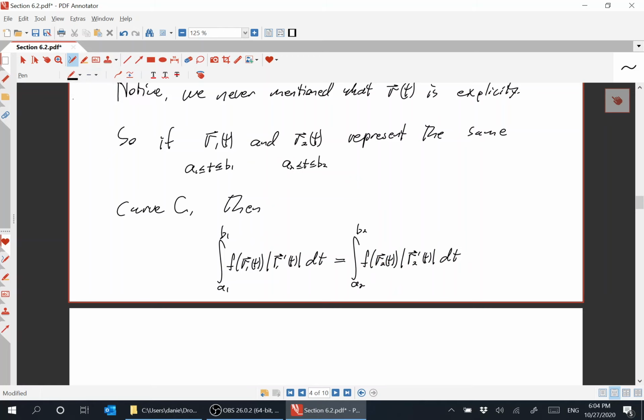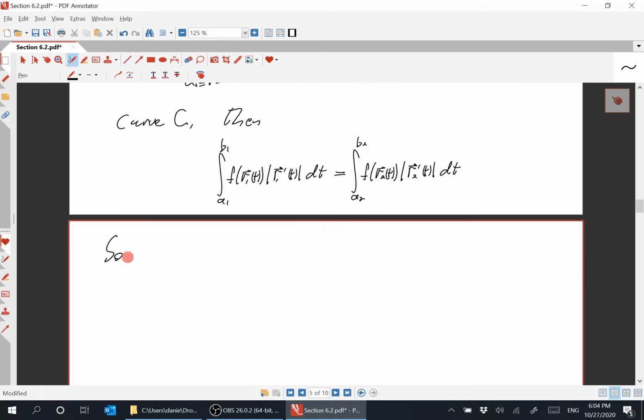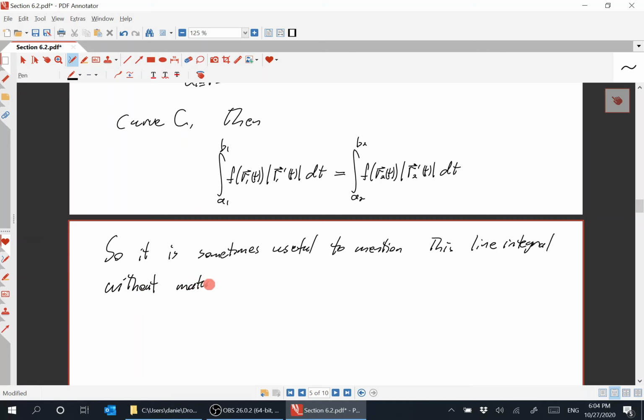So it's sometimes nice to refer to this line integral without making reference to r of t at all.